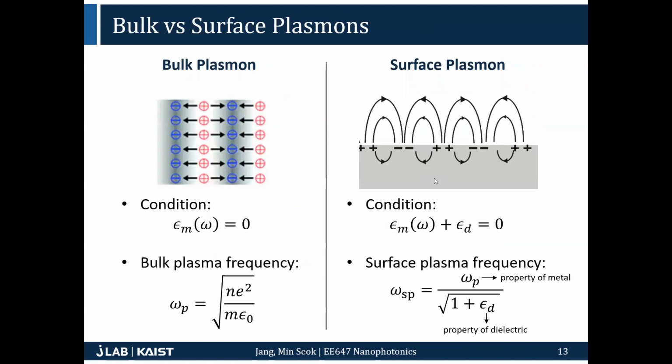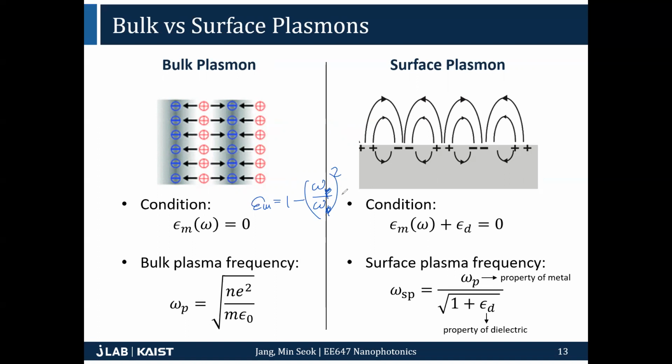So if you compare bulk and surface plasmon resonance: as I said, bulk plasmon resonance occurs when epsilon m becomes zero. Epsilon m in our case is defined like this, with omega p.